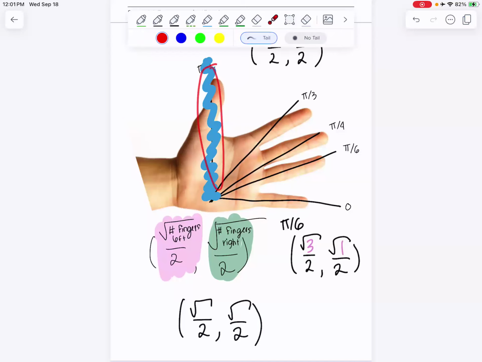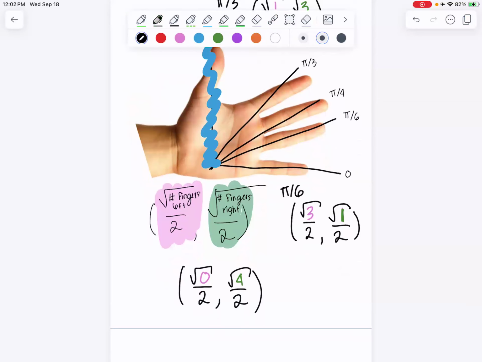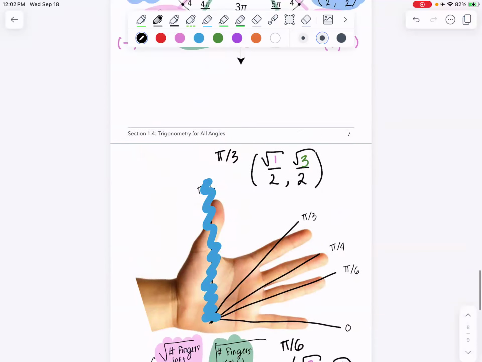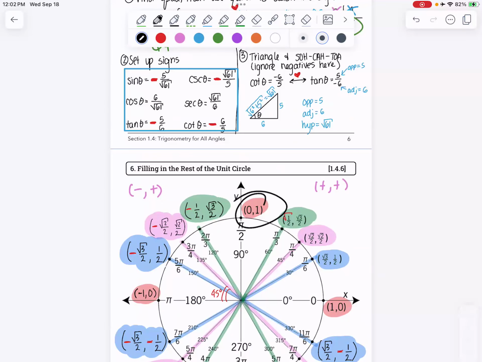If you put down this guy, there are no fingers left on the left side, and there are 1, 2, 3, 4 fingers left on the right side. So the square root of 0 over 2, that's just 0. Square root of 4 is 2, divided by 2, that's just 1. So the coordinate point at pi over 2 should be 0, comma 1. And indeed, 0, comma 1.